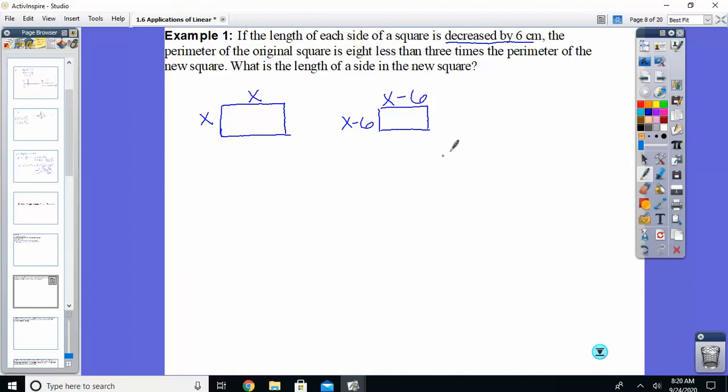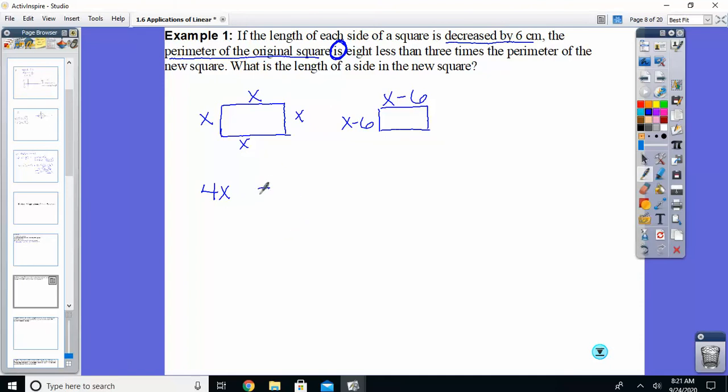So let's read what else it says. The perimeter of the original. How do you find perimeter? Add all the sides. Perimeter is distance around the outside. So if I added all of those, we just get 4x is, in math, what does is mean?